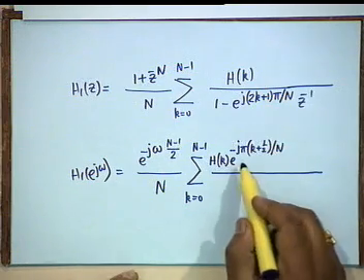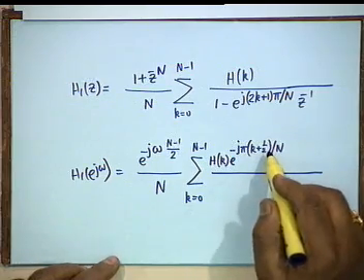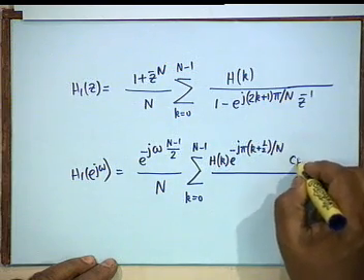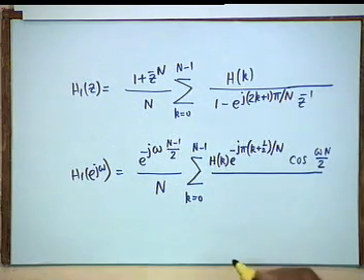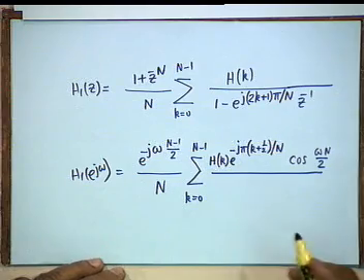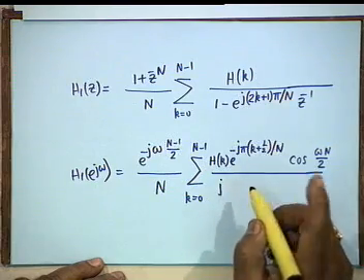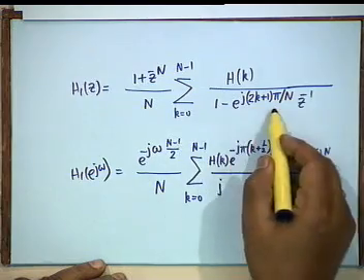In the previous case it was e to the minus j pi k by N, k is now incremented by half, multiplied by, instead of sine you shall have cosine. And then in the denominator you shall have j comes from the sine term, because it is 1 minus this.